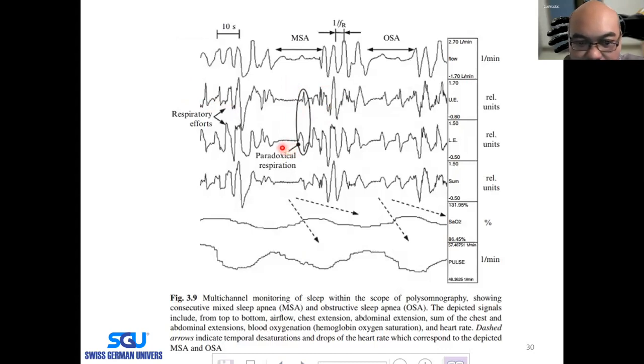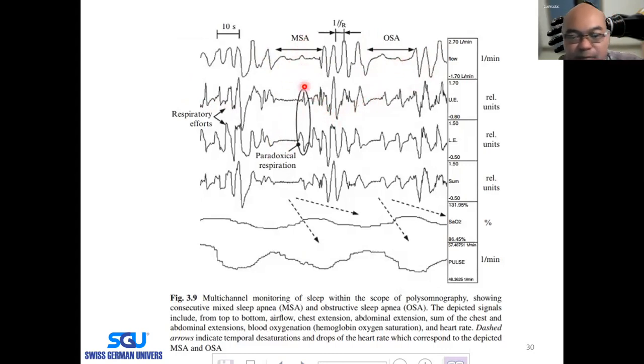Multi-channel monitoring of sleep within the scope of polysomnography. This indicates the mixed sleep apnea, MSA, and OSA, obstructive sleep apnea.